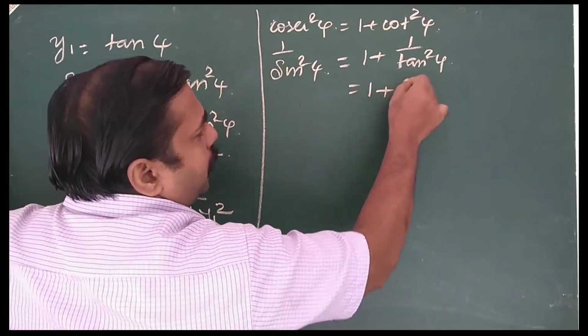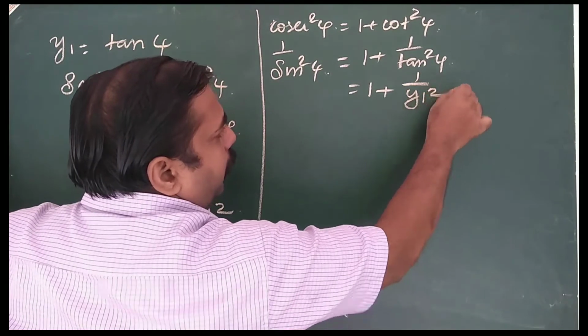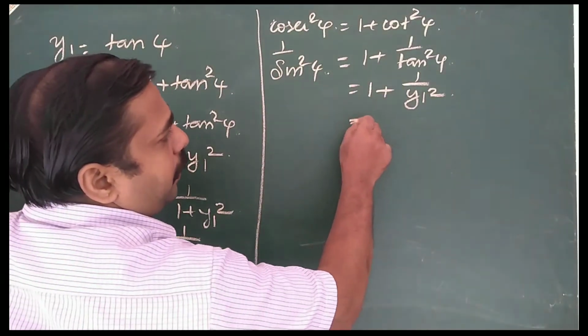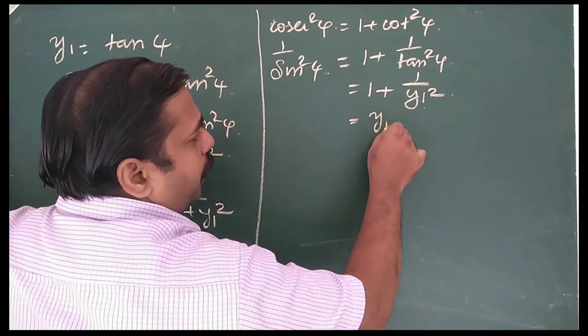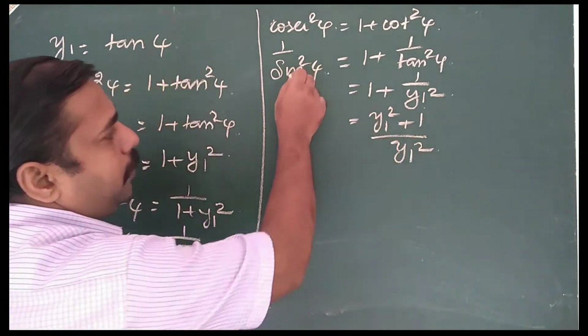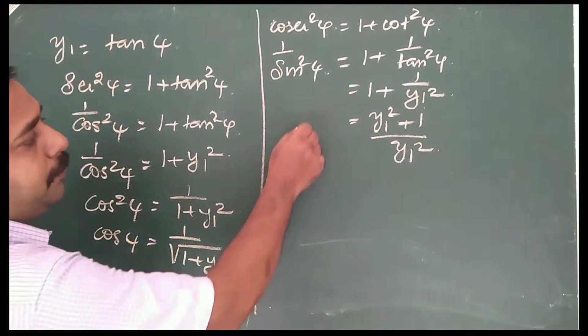So that is equal to 1 plus 1 by y1 square because tan psi is equal to y1. So taking LCM, that is y1 square plus 1 divided by y1 square is equal to 1 by sin square psi.